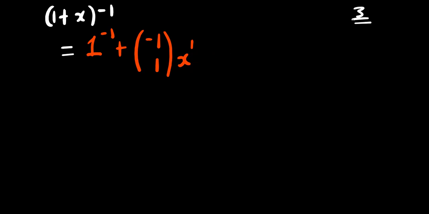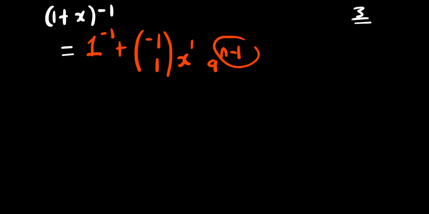Okay, let me just try to explain what I'm talking about. According to your binomial theorem, the second term, you write your first one, then the other one is going to be n choose 1.